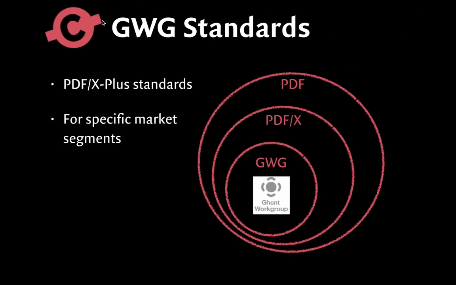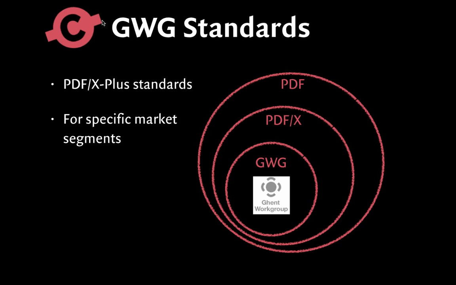So that was pdfX. When people started to use PDF inside of graphic arts, pdfX was a very big step because, like I said, it restricts PDF to those things that at least make sense in a graphic arts workflow. However, what you find in graphic arts is that there are very different market segments throughout that very big market.